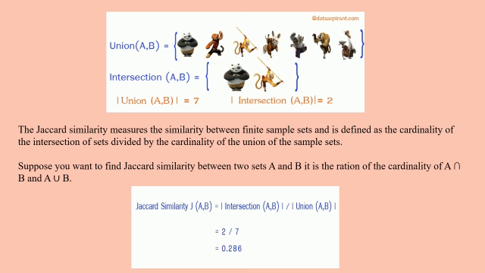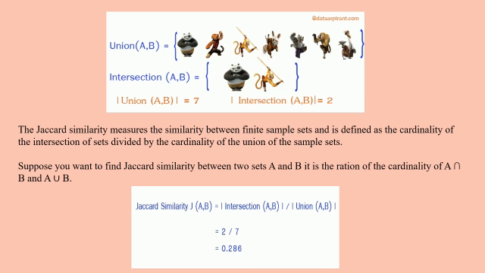The Jaccard similarity measures the similarity between finite sample sets and is defined as the cardinality of the intersection of sets divided by the cardinality of the union of the sample sets. Suppose you want to find the Jaccard similarity between two sets A and B. It is the ratio of the cardinality of A intersection B and A union B.